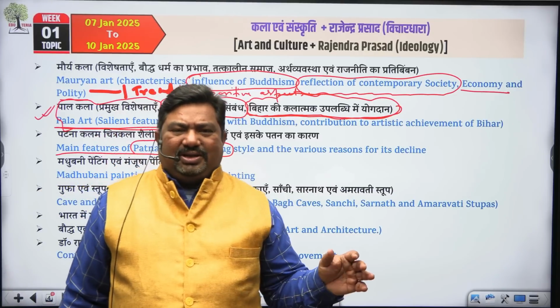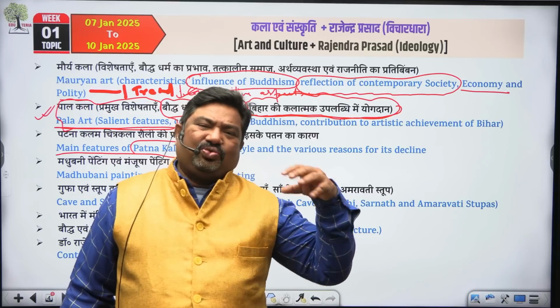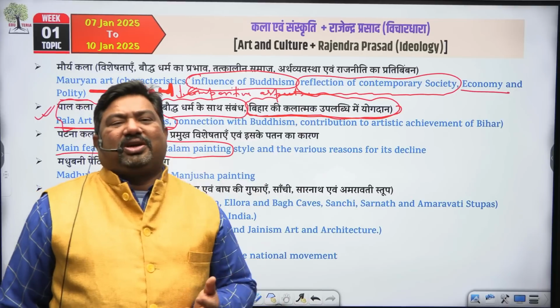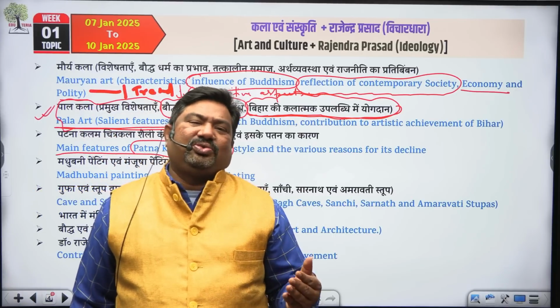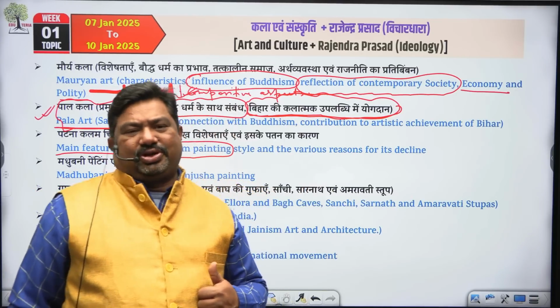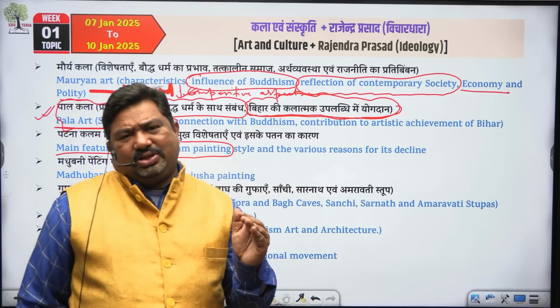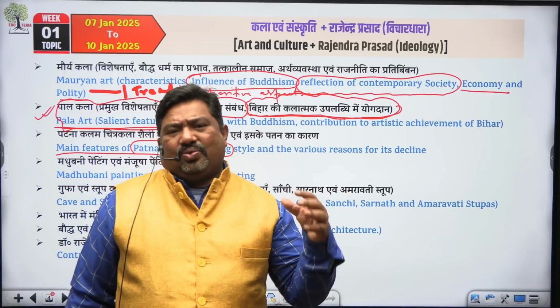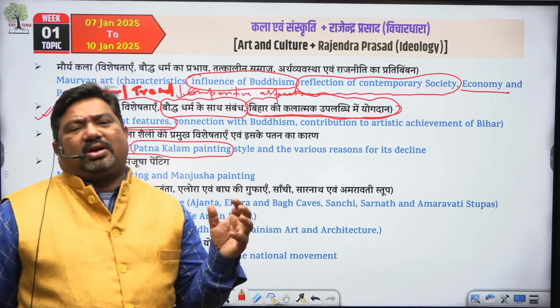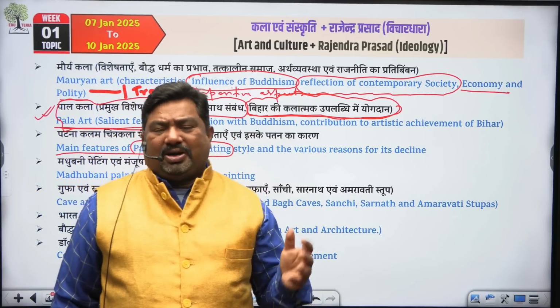It was something which could flourish in the absence of photography. Once photography came into the light, it was very difficult to sell this kind of artistic portrayal. So they are asking you to critically evaluate the reason behind its decline, and what the distinct features of Patna Kalam are.